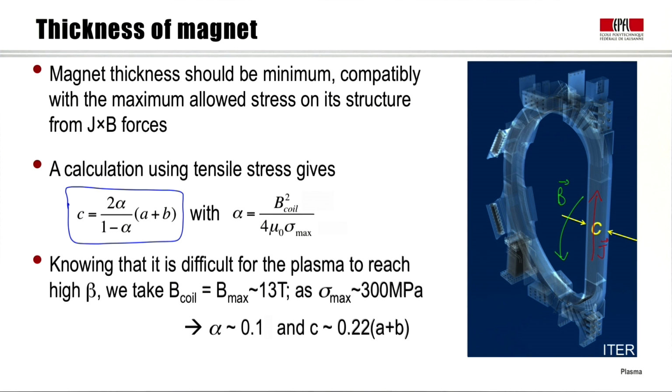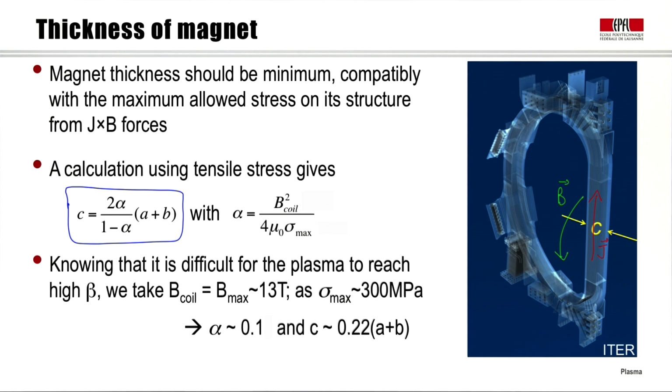Now we can actually choose the intensity of the field at the coil, just observing that it is difficult for the plasma to reach high beta. So if we don't want to make it too difficult for the plasma side, we need to take the maximum field we can have at the coil.